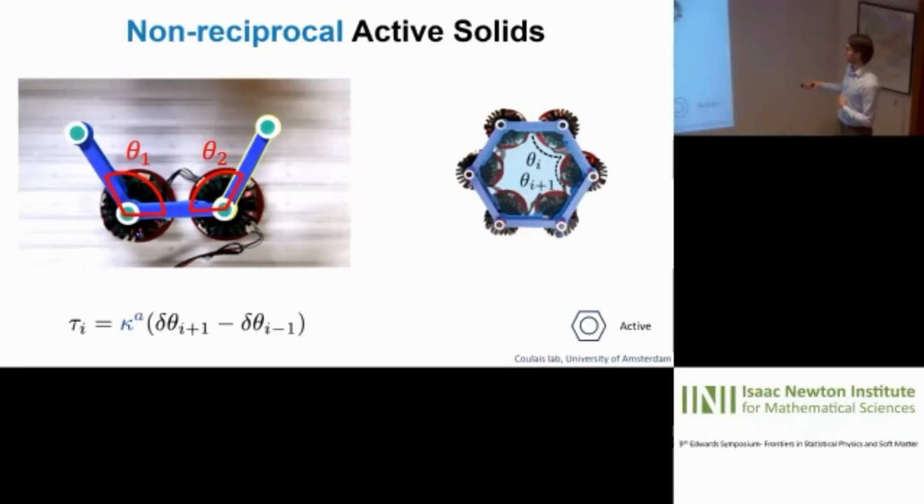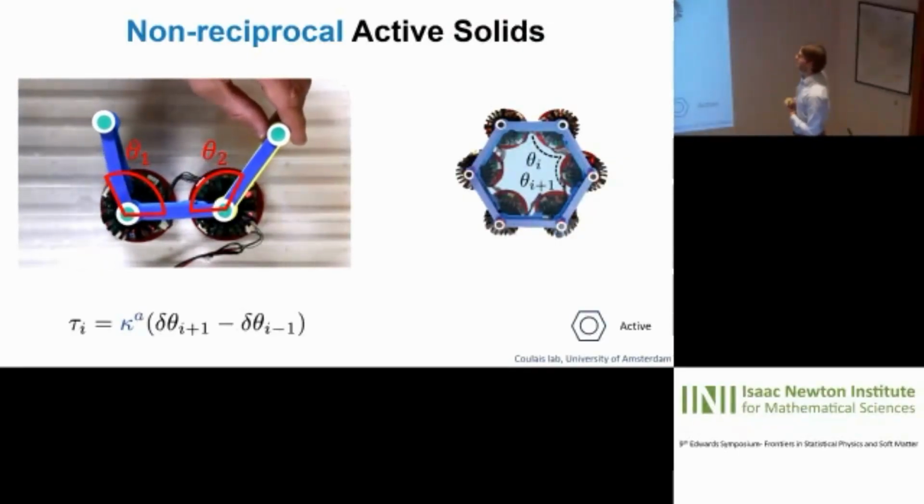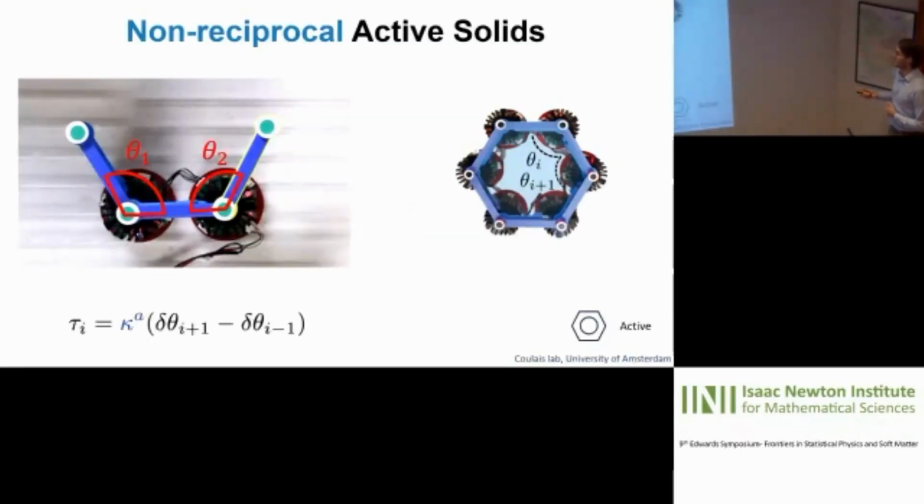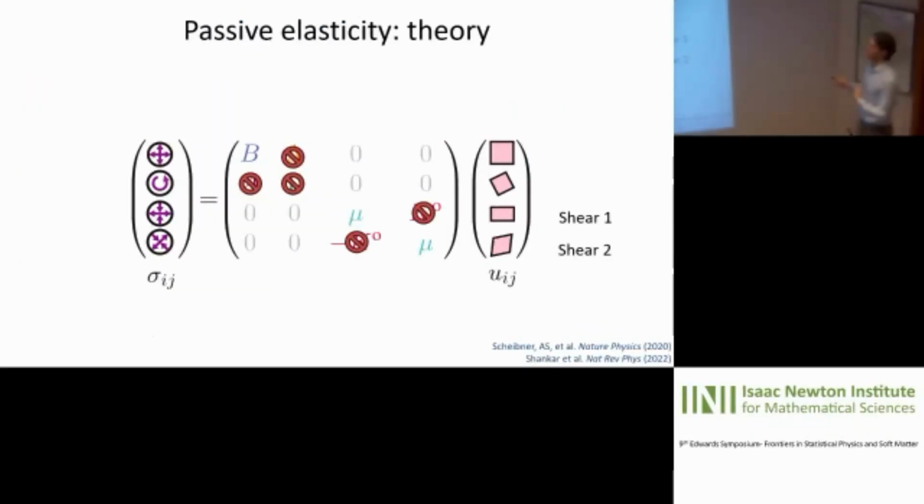And of course, now you can go from this single hexagon to the continuum scale, right? And think about what happens if you make a material out of these non-reciprocal springs. And to do that, maybe the first thing to do is not to just start coarse graining things, but think about the symmetries that come about in the system.